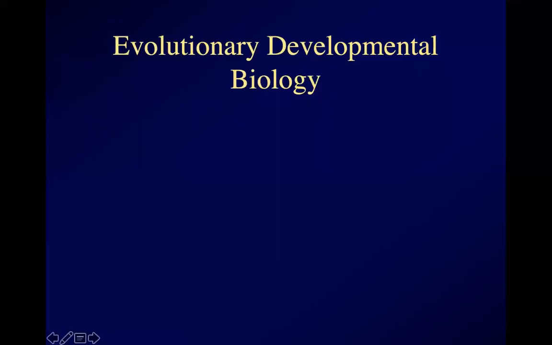Okay, the last topic I wanted to talk about in this course, we started talking about the evolution of complex structures. And I hope I impressed on you that sometimes you don't really need anything other than just plain old garden variety variation and selection.